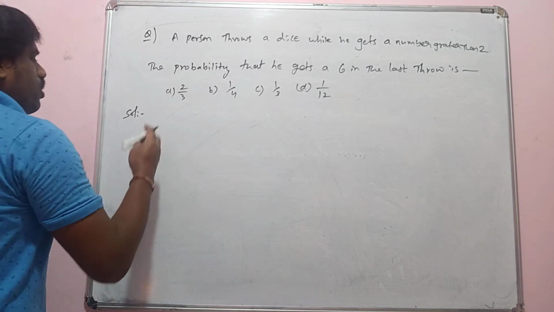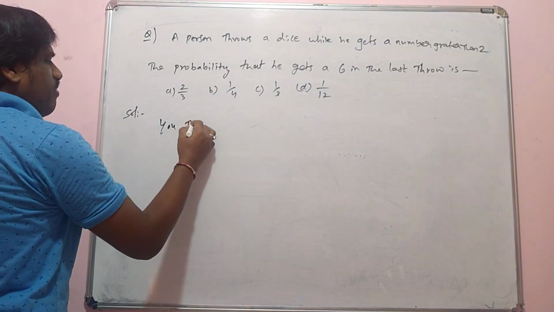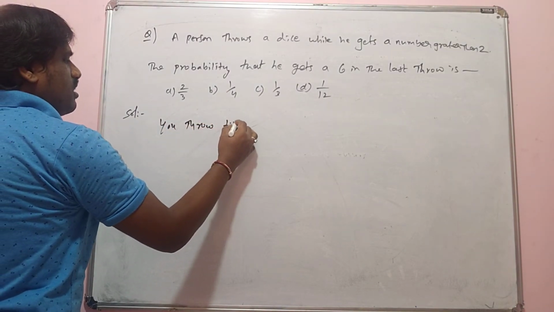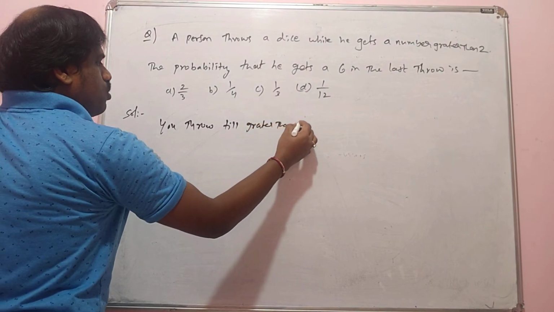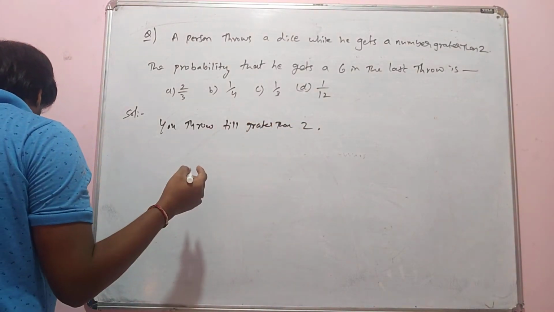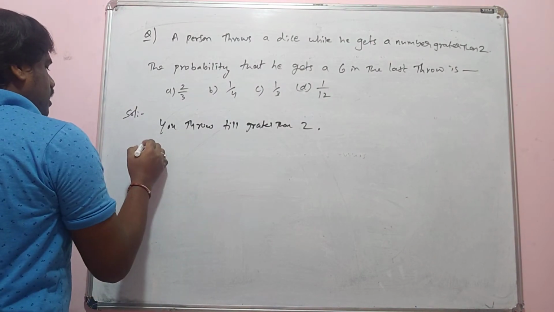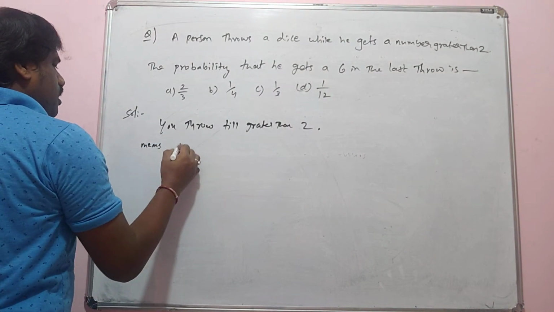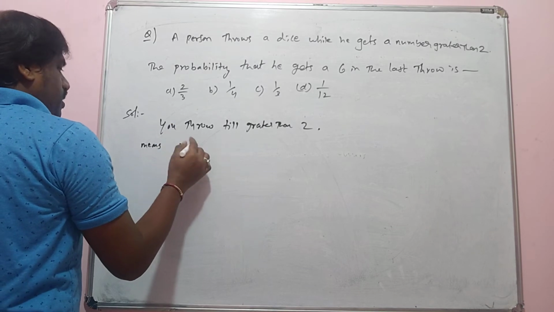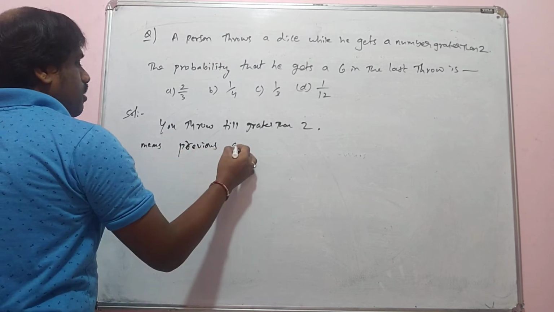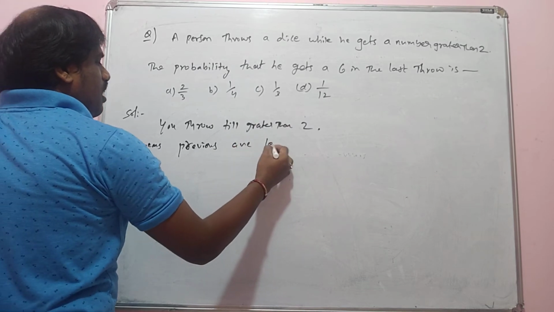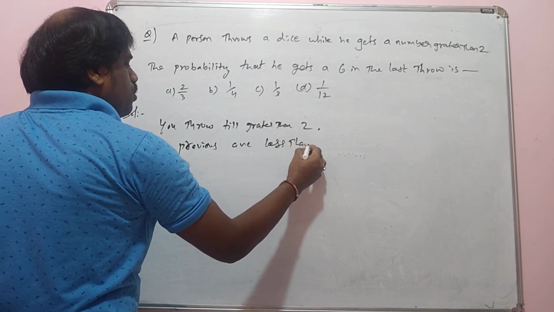You have to throw till greater than 2. What is the meaning of that? It means that the previous throws are less than or equal to 2.